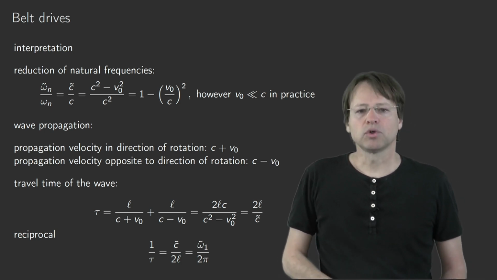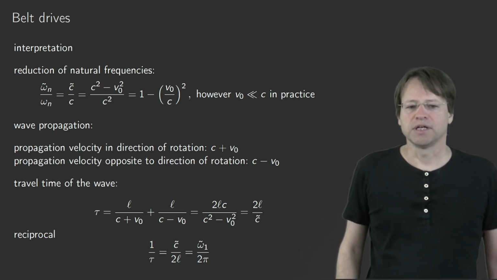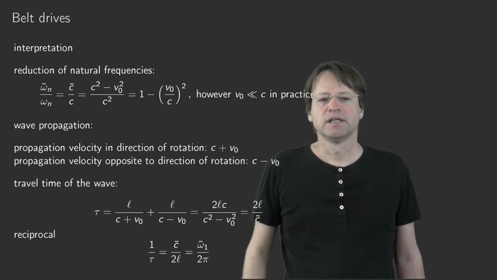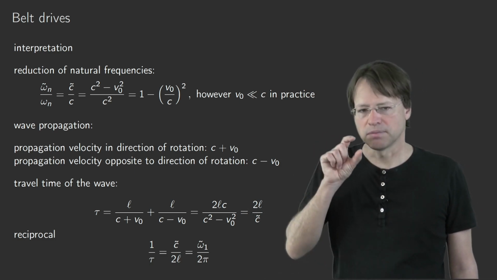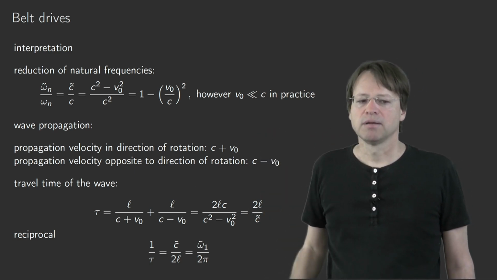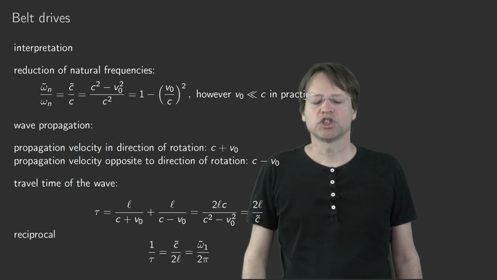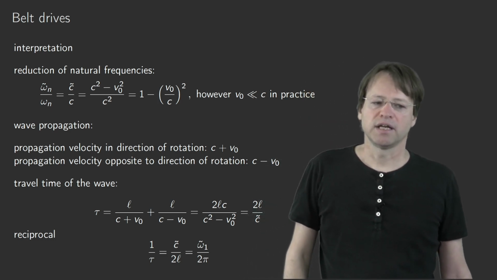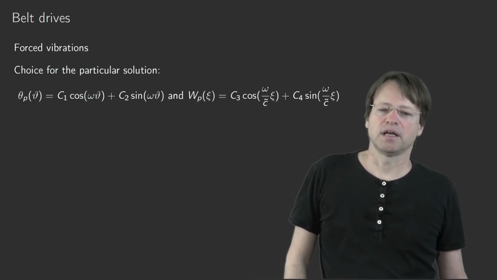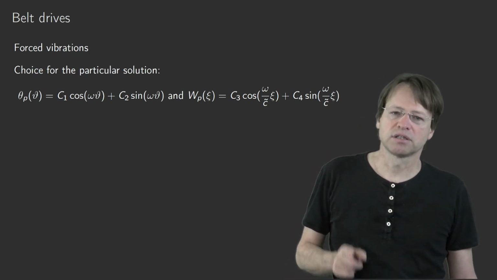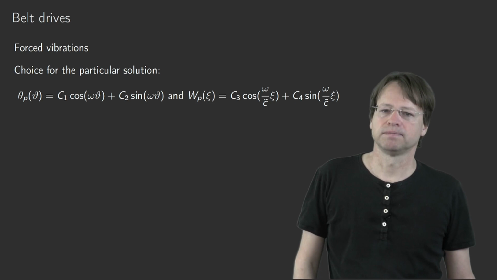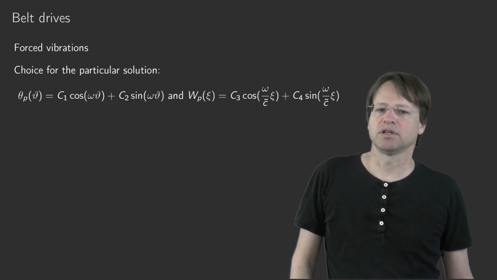Now that's everything I would like to tell you about the free vibrations, but we have a second part that is related to the forced vibrations. That is, the first boundary condition is still the same, but the second boundary condition changes. And now again, we have to find a particular solution that matches the boundary condition. So what would be the particular solution?